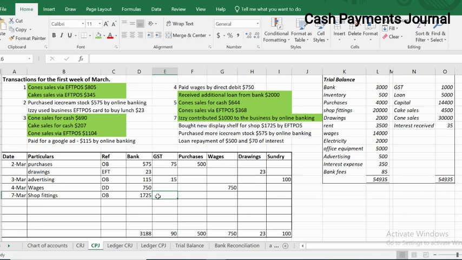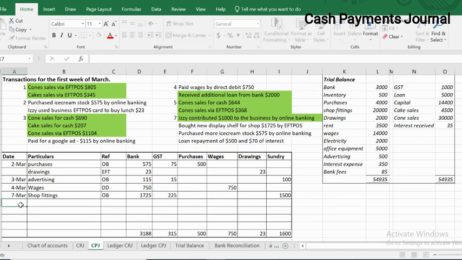So in Izzy's case, this is going to be ice cream and ice cream cones. She is not in the business of selling shop fittings. So therefore, it is not a purchase of inventory. So in that case, it doesn't go under purchases. It's going to go under sundry. We're going to take out the GST. It's going to be 1,500, and the GST is 225 there.